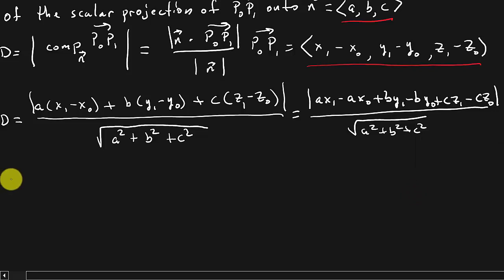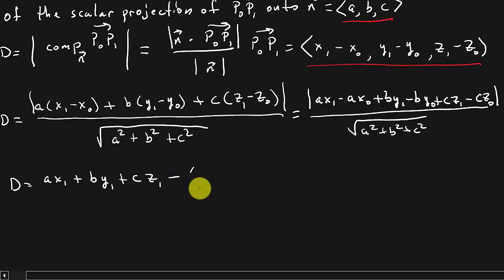And so this is going to give me D is equal to Ax1 plus By1 plus Cz1. I'm just taking the x1s and putting them here.